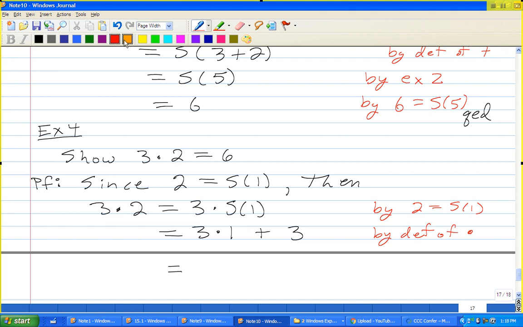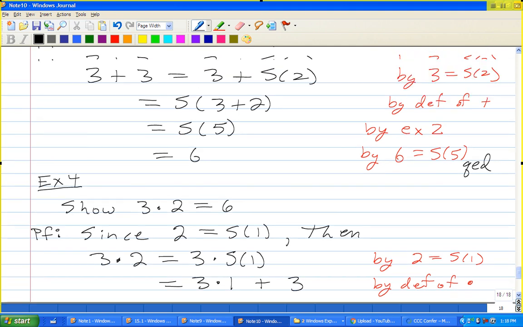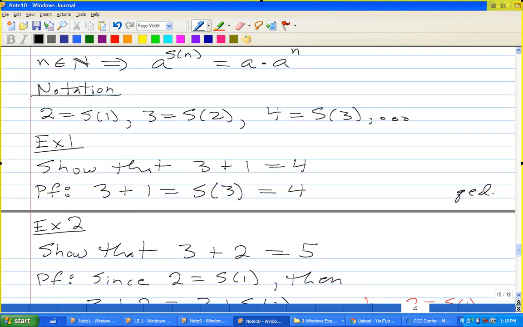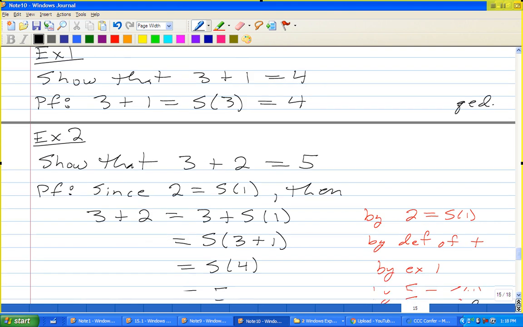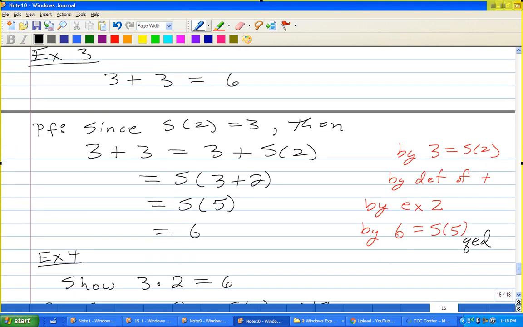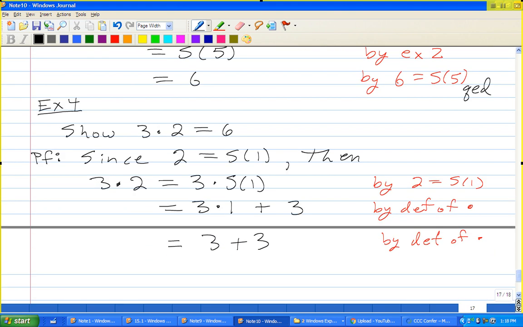Well, this is again by the definition of multiplication. So this is equal to 3. Any natural number times 1 is just that natural number. So 3 times 1 is 3. And by example 3, this is 6.